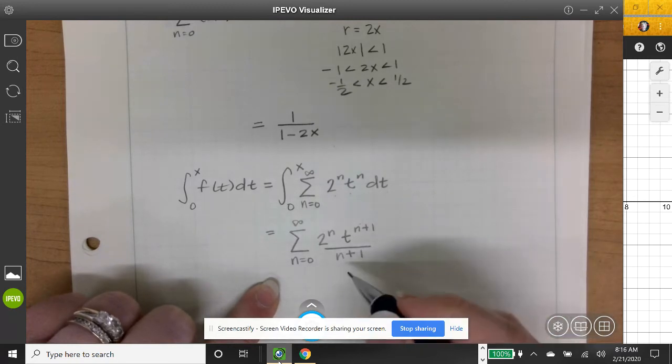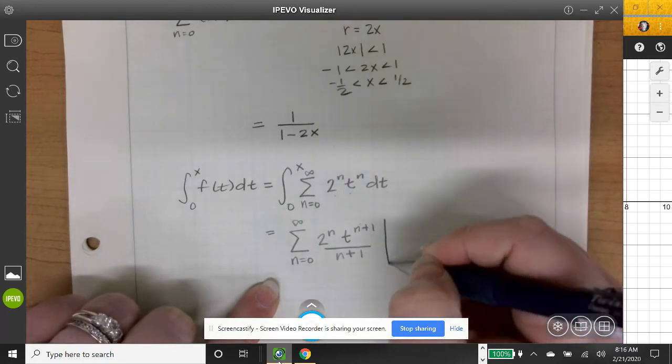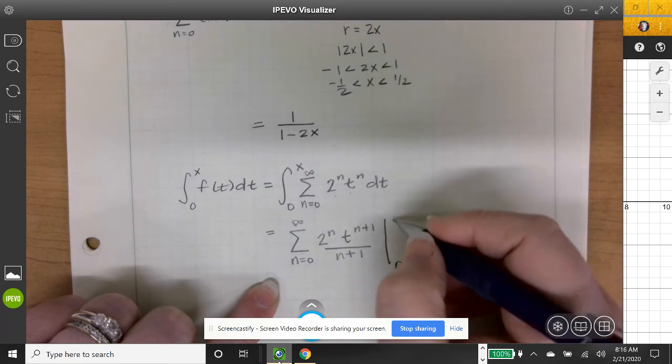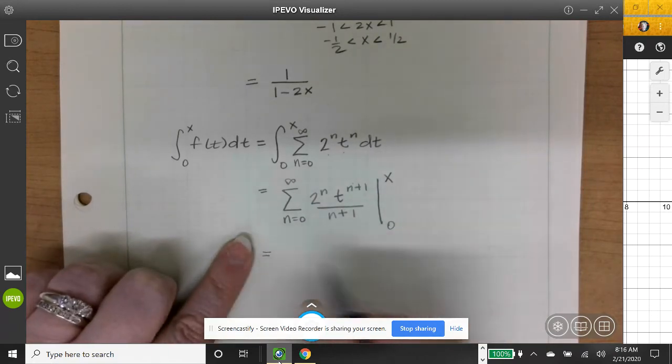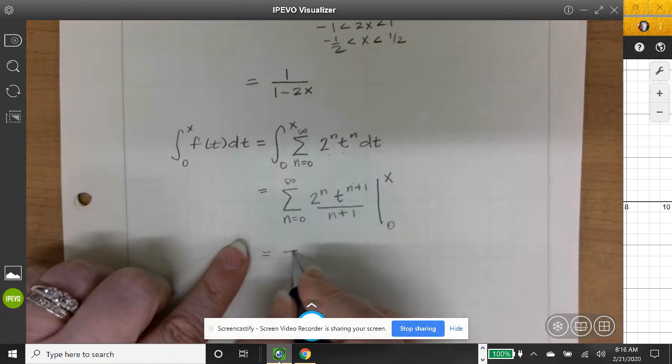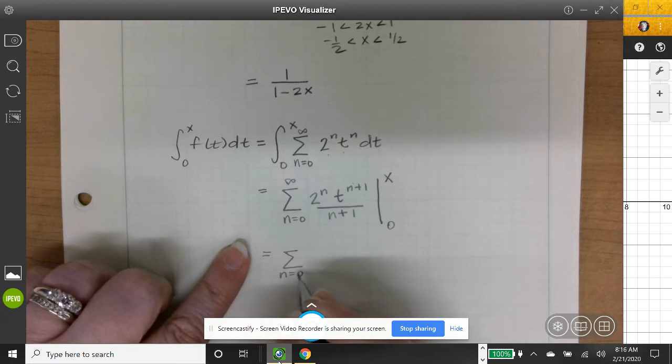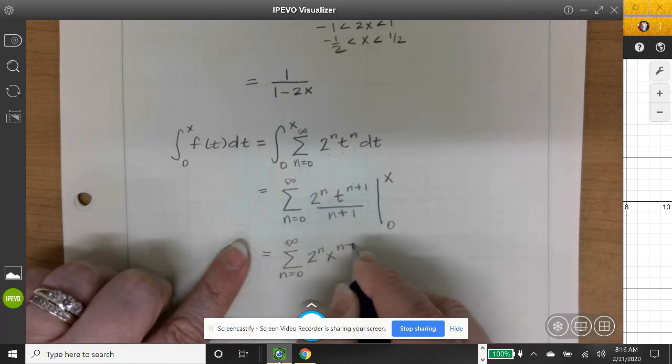And now we've integrated it, and we're going to go such that we're going from 0 to x, because that's what the integral states. All right? So let's plug in x, and we get the sum as n goes from 0 to infinity of 2 to the n, x to the n plus 1 over n plus 1.